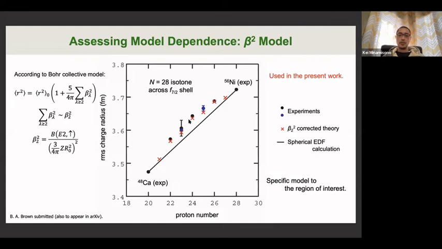Obviously, all the experimental measurements deviate from this spherical line. We performed the theoretical calculation taking the spherical EDF corrected by the beta 2 deformation, shown in red crosses, and these red crosses reproduce the experiment very well. So this is the model we use in the present analysis.